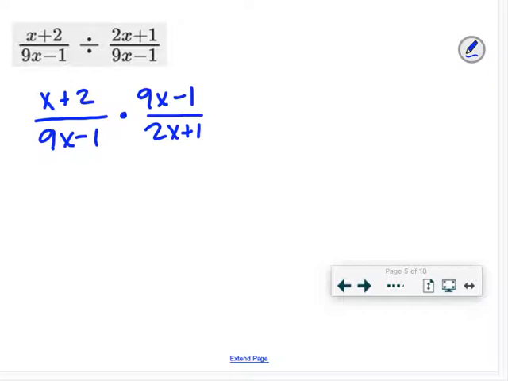Keep, change, flip. That's what I would try and memorize for dividing fractions. So what would happen if I'm multiplying this? Yep, these would cancel out, and then I would just have x plus 2 over 2x plus 1. Good.